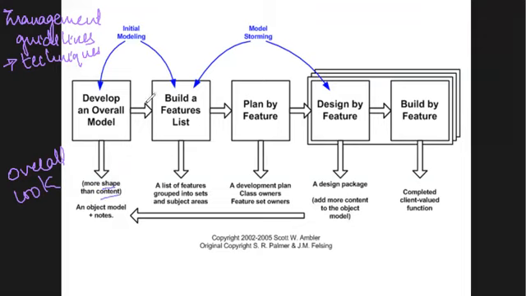Then the next step is building a feature list. When you identify how the user interface is going to look, and you've discussed the basic requirements, you're going to identify the different features that are going to be present within the software that you're designing.